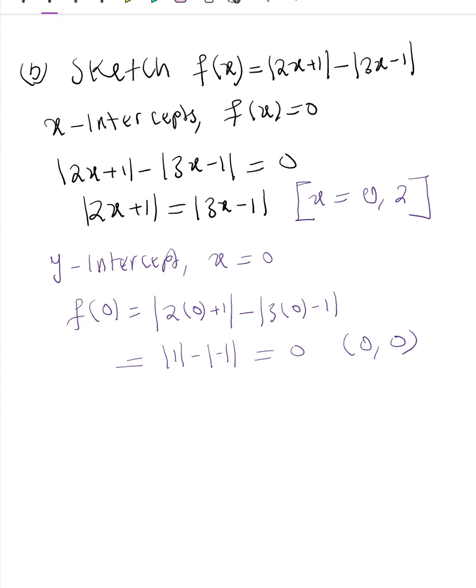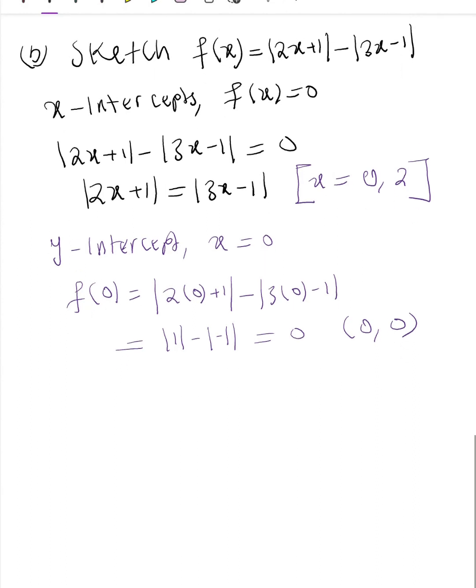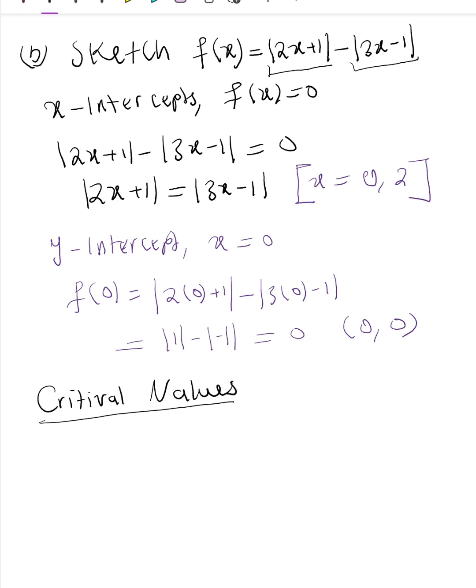Now, what is more important, other than the x and y intercepts, if they exist, in this case, you can observe that this is a sum of two functions. So we are going to get the critical values. Critical values are points that make each part 0.